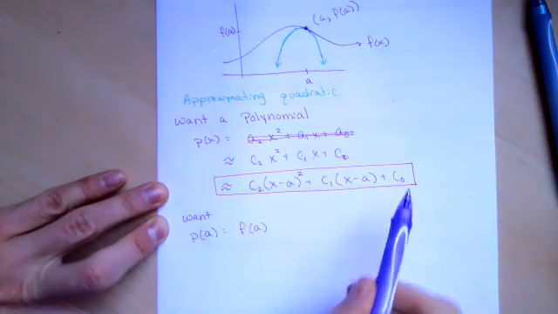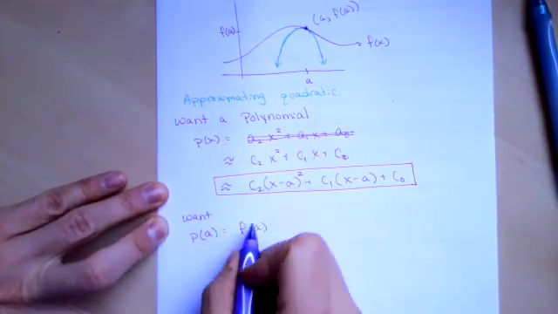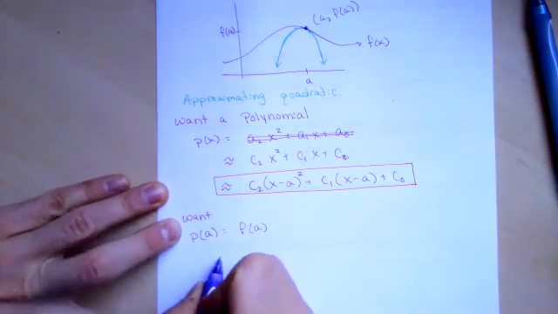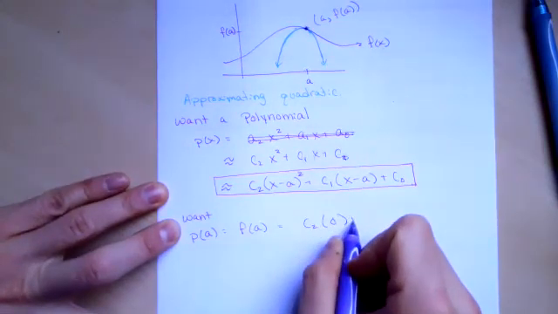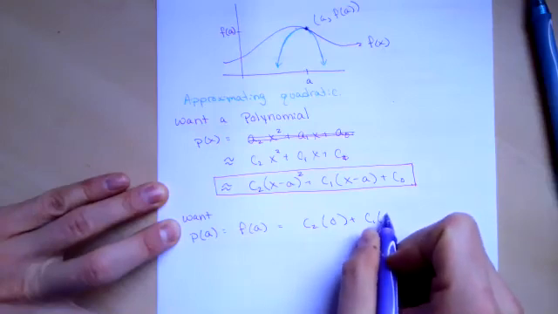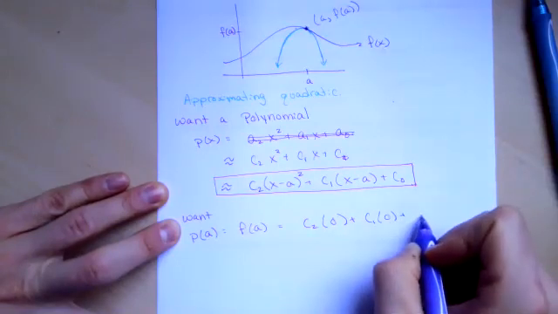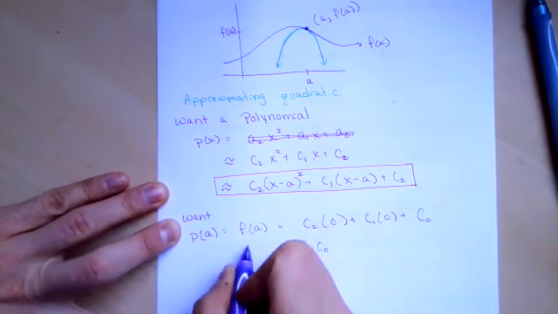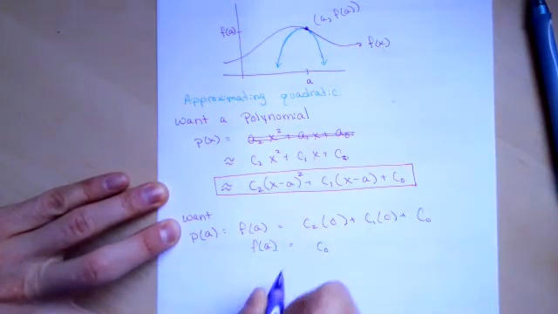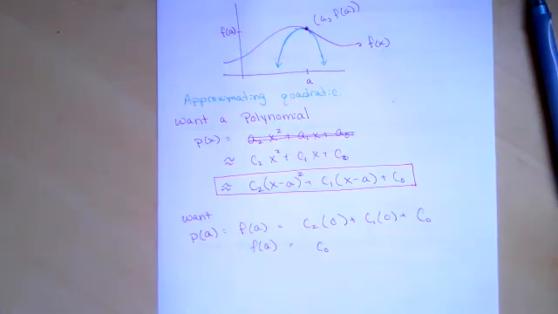And what does that give us? Well, p of a, if we plug in a, gives us c2 times 0 plus c1 times 0 plus c0. And we're solving for our constants. And that's kind of nice.